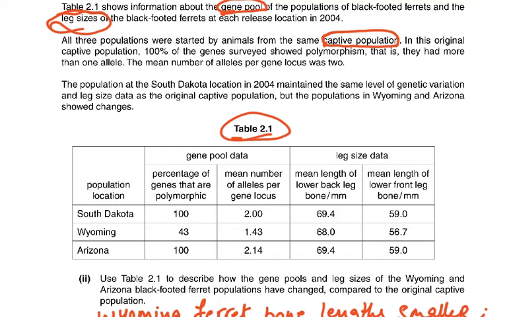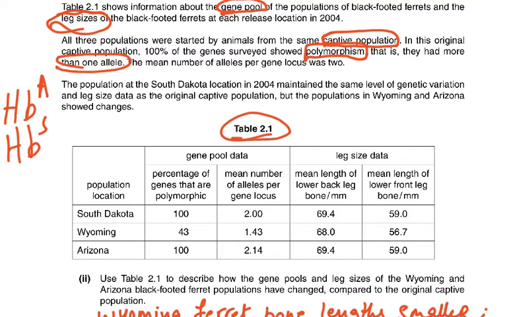In this original captive population, 100% of the genes surveyed showed polymorphism. That is, they had more than one allele. And I gave a simple example of HbA and HbS. There are two alleles. The mean number of alleles per gene locus was 2. So they want three alleles.